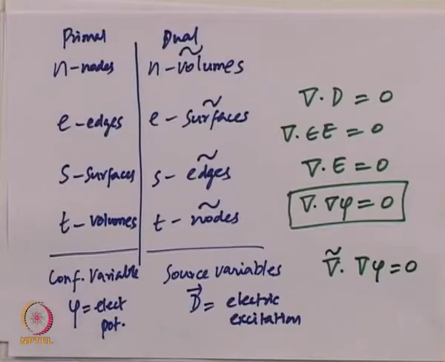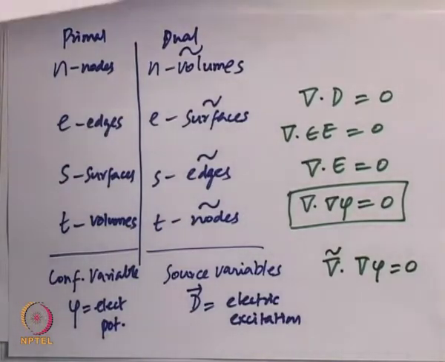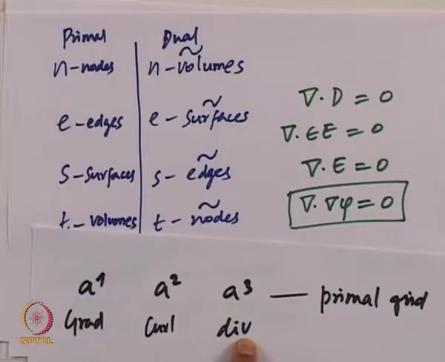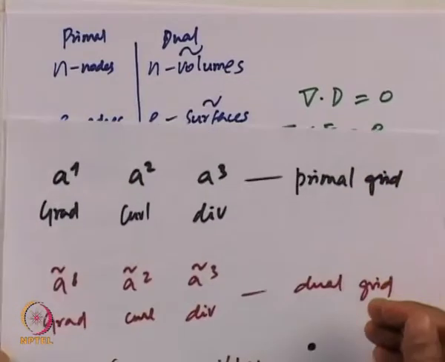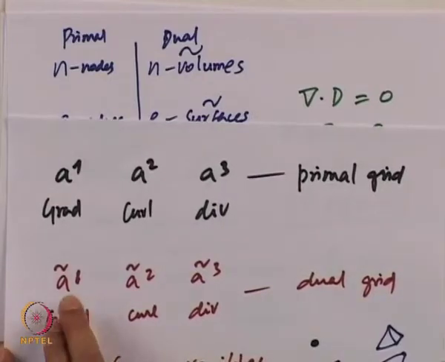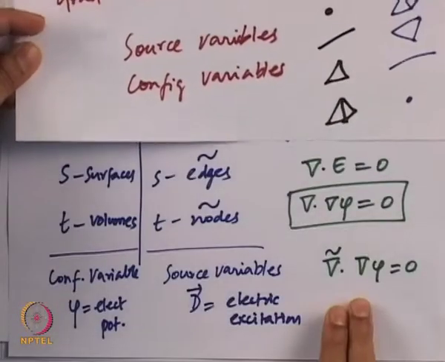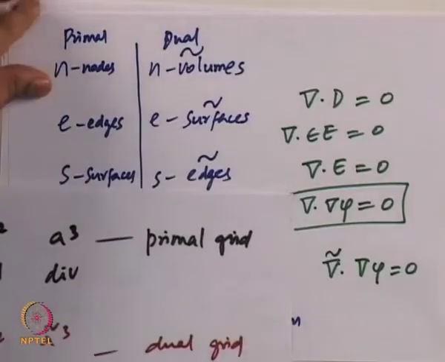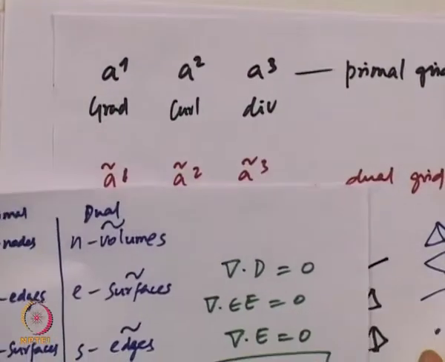What we are going to see is we know that the gradient, curl and divergence in the primal grid and dual grid will have the form A1, A2 and A3 as follows. So we can write this particular equation using this logic. So let me put it this way so you can see it below.